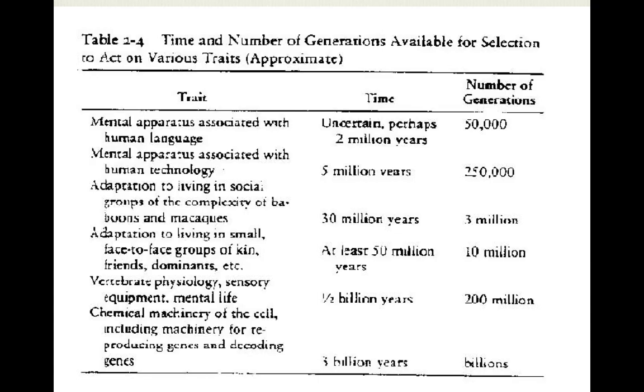And so looking at some of the various human traits, some are very old, like the chemical machinery of the cell that comes from the first eukaryotes or true cells. Vertebrate physiology comes, obviously, from the first vertebrates. Face-to-face groups of kin, friends, etc., date to non-human primates, where we started seeing larger group sizes.